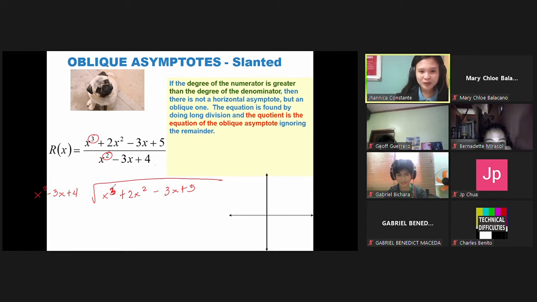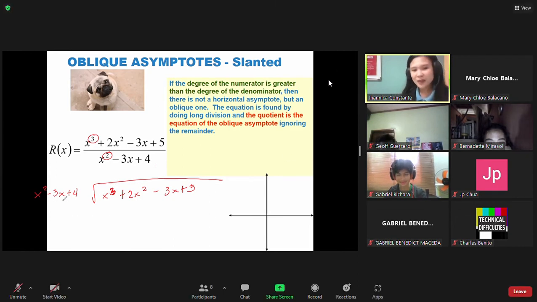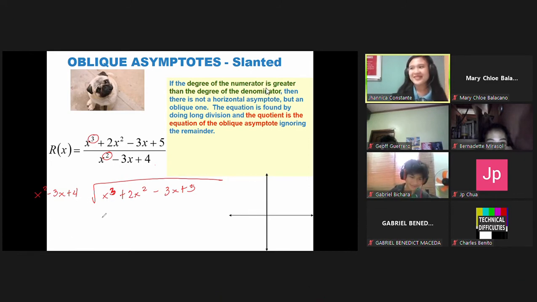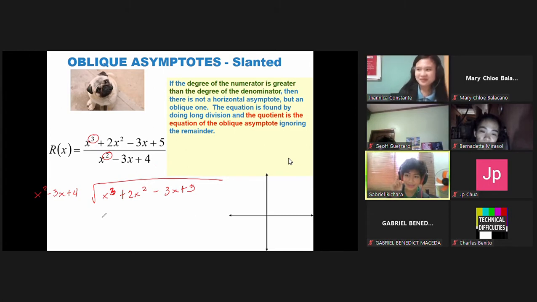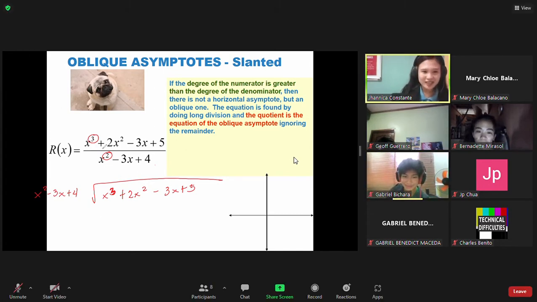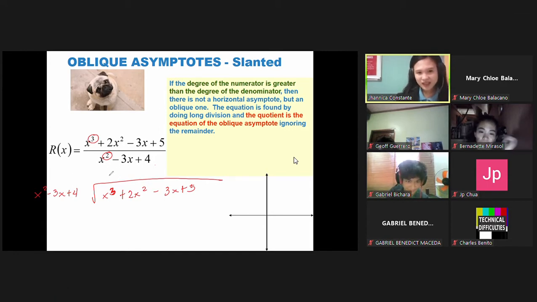x cubed divided by x squared minus 3x plus 4 is equal to what? x cubed divided by x squared. You have x. So let's write it here: x.